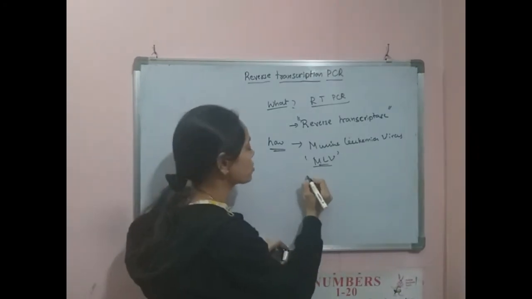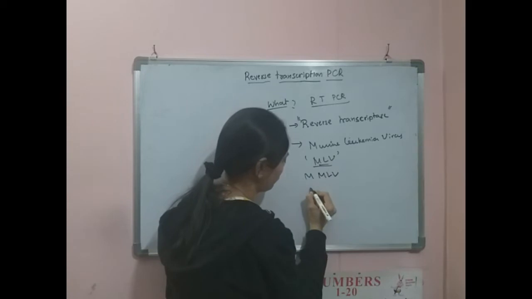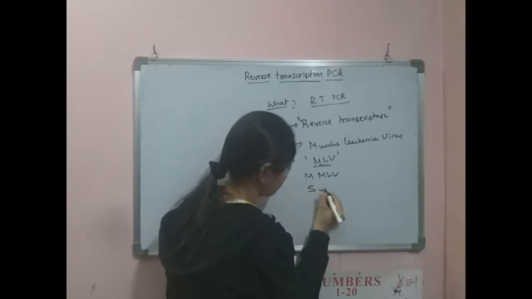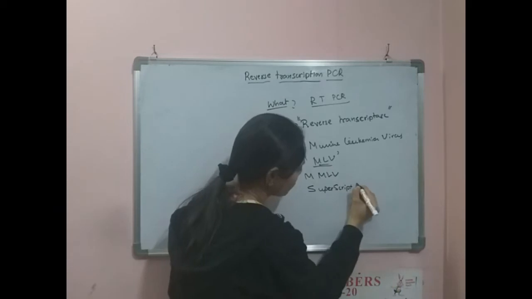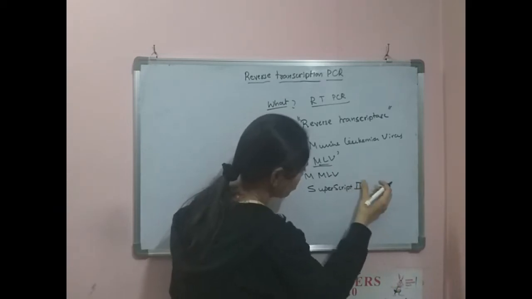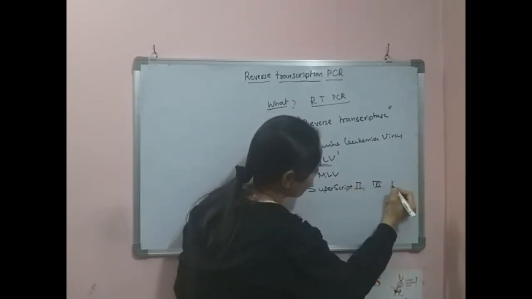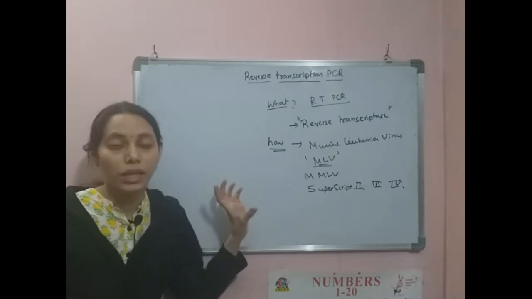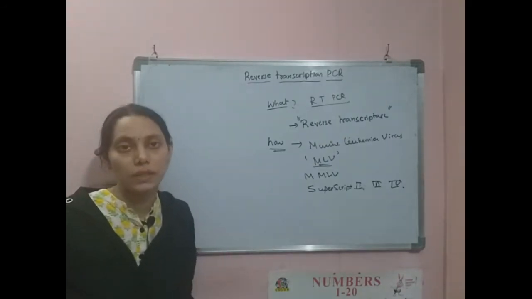The commercial products are MMLV and the Superscript series, Superscript 2, 3, 4, and so on. All these are commercially available reverse transcriptases that are generally used in laboratories.